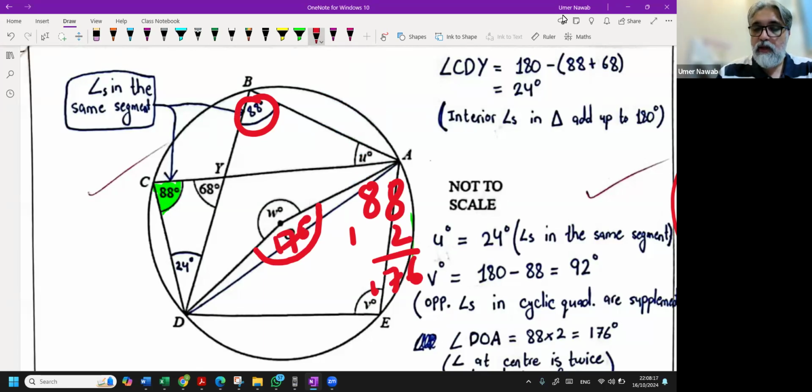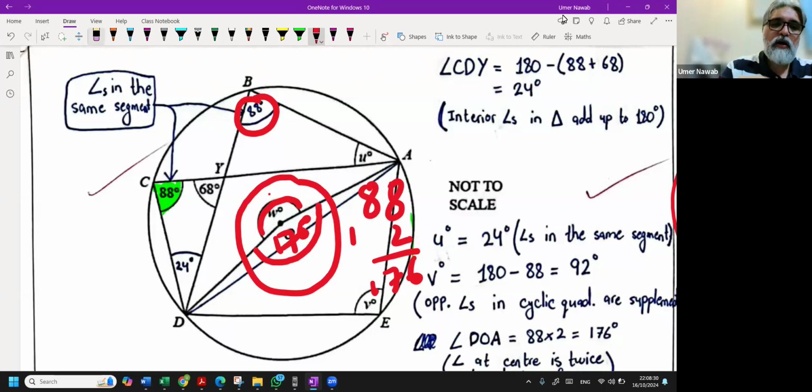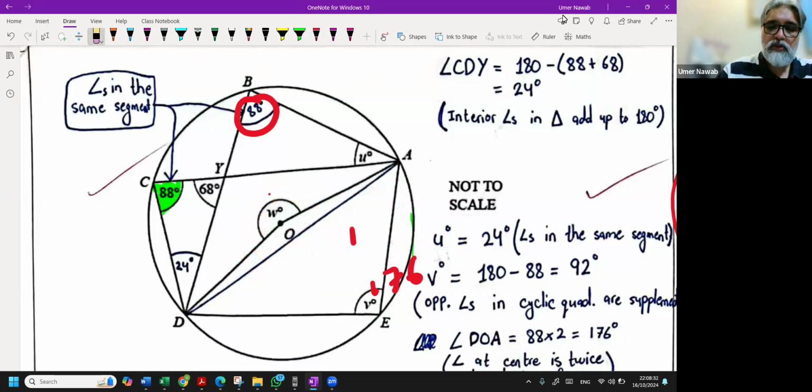And then 176, I will subtract from 360 to get my W. The moment you get W, it is double, and I take the half of that, I can easily find V, or I can use the cyclic quadrilateral property.